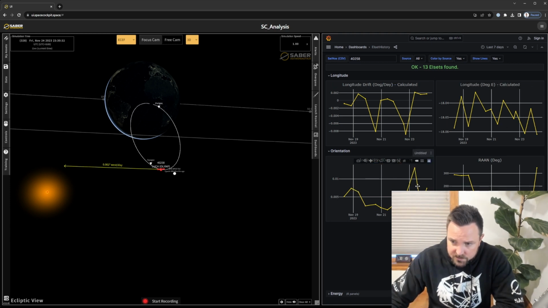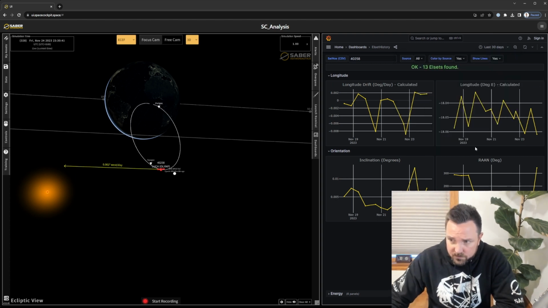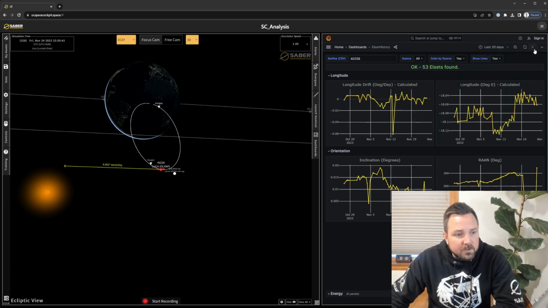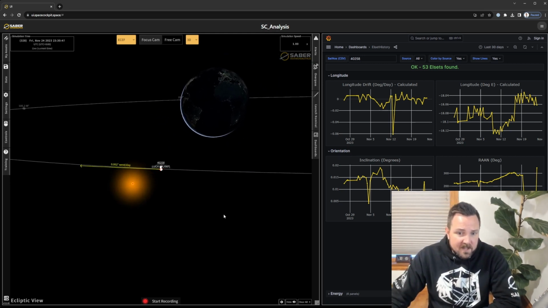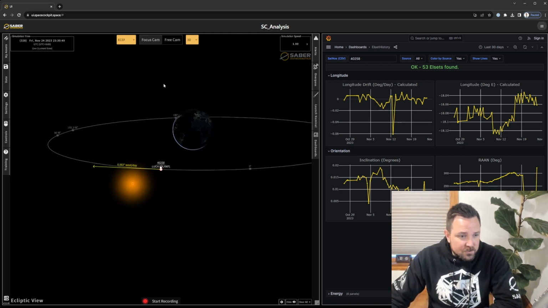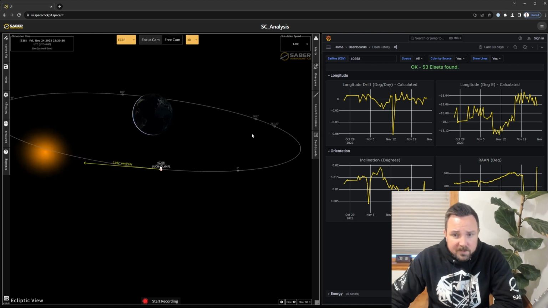The inclination here is also pretty steady. Note this is just for the last 7 days. For Elset history plots, you'll probably want to go back a bit further in order to get some decent trending on what's going on. At Geo, we do have a tendency for our inclination to drift, as well as our longitude to drift towards one of these points here, 105.3 degrees west or 75.1 degrees.